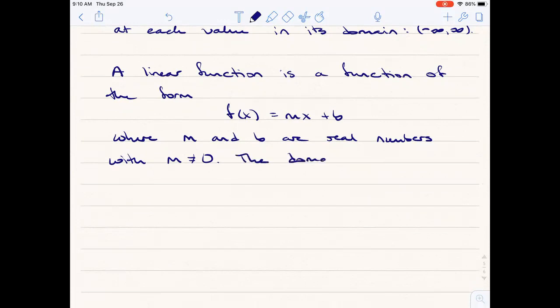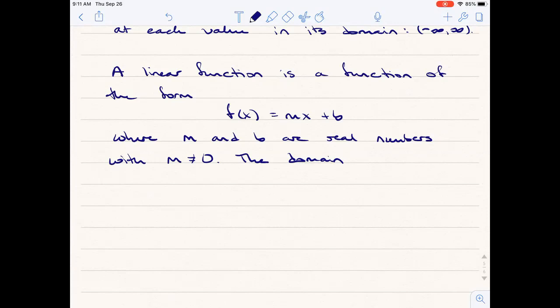The domain, right? So what possible values of x can we have? Well, the domain of a linear function is from negative infinity to positive infinity again, right? We've just got a line on an angle somehow dictated by the slope, right? But it spans all values of x, right? Same thing for the range.